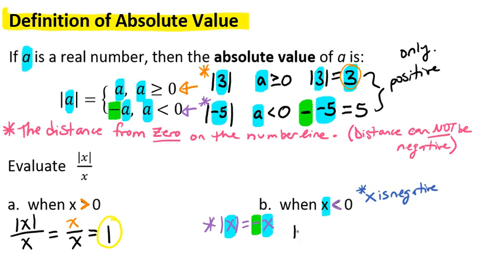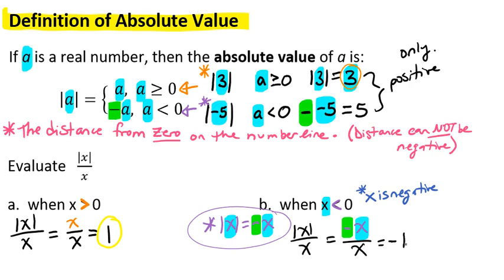The absolute value of x over x equals, and this is where this piece comes into play. We have a negative x, that's our negative and our initial x, and we divide that by x. Here you're going to see that we end up with a negative 1.